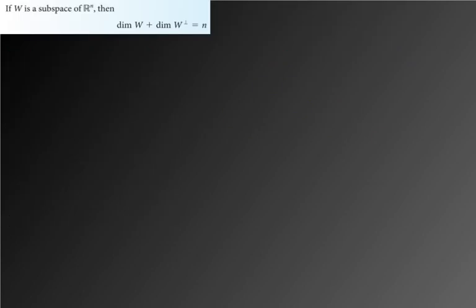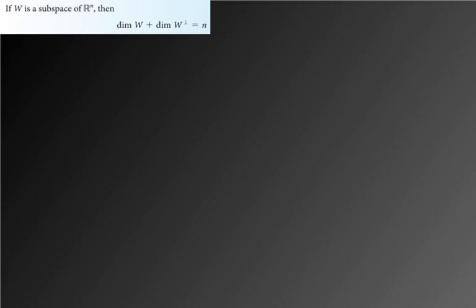All right, so I just want to prove one thing that's probably fairly intuitive: that the dimension of a subspace W and the dimension of W perp should equal the dimension of the space they live in, where W is a subspace of Rn.